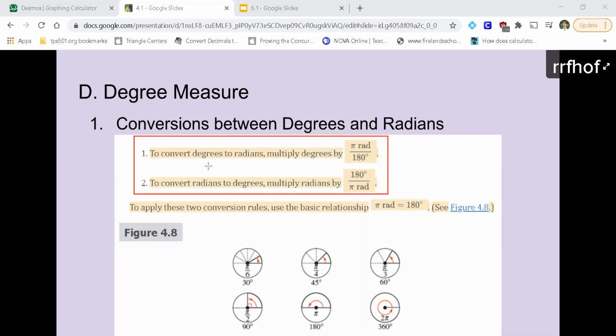Similarly, if you want to convert from radians and end up with degrees, you multiply by the reciprocal, and you want the 180 degrees on top. Down here are 6 angles that are considered so common that you would have their conversions memorized.